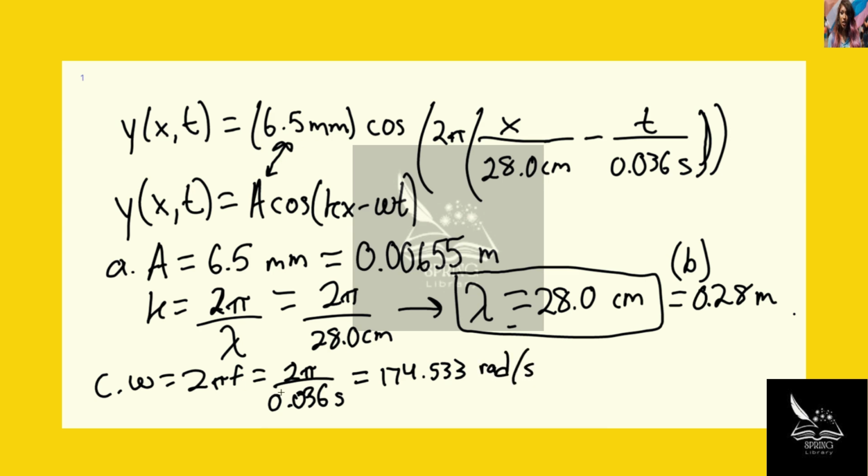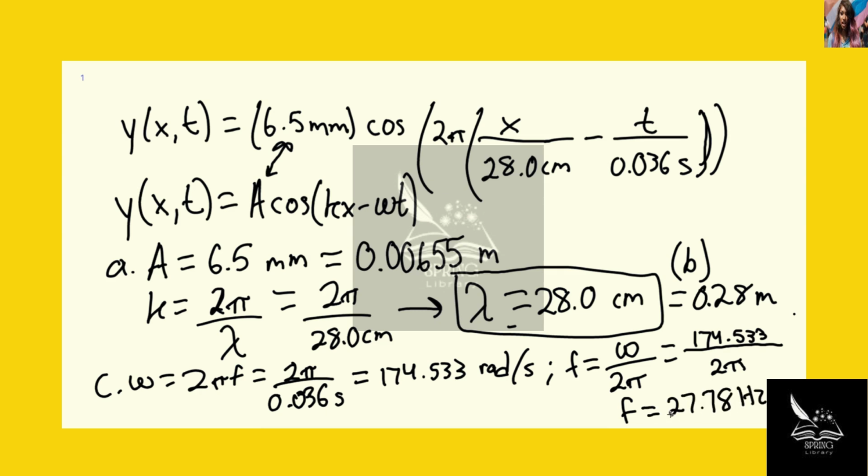And then we simply need to find the frequency, and the frequency is going to be equal to omega over 2 pi. This is going to be equal to 174.533 divided by 2 pi. And we have a frequency of 27.78 hertz. So this would be your answer for part C.